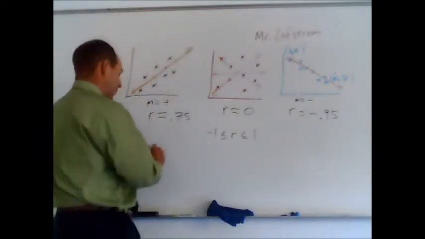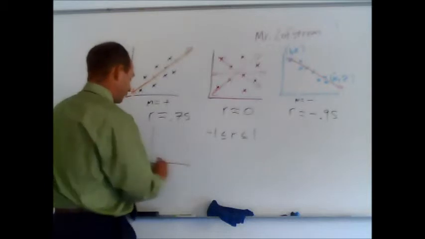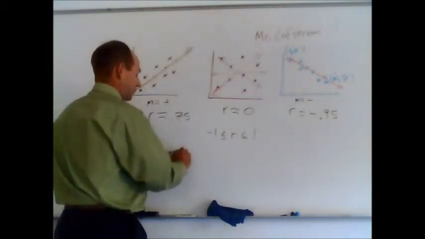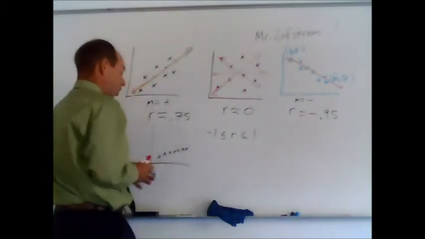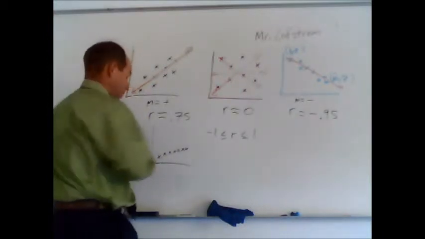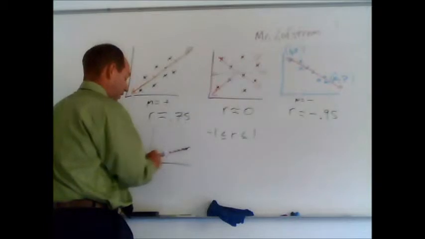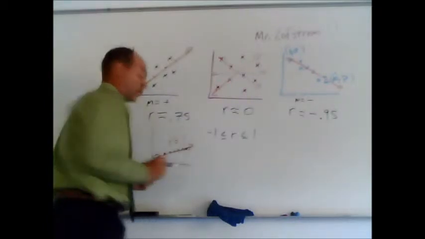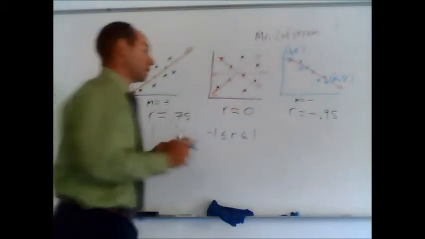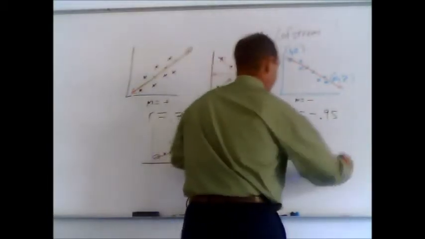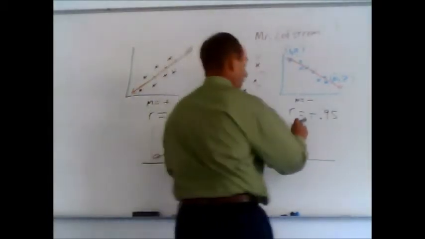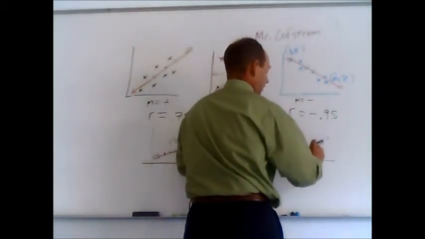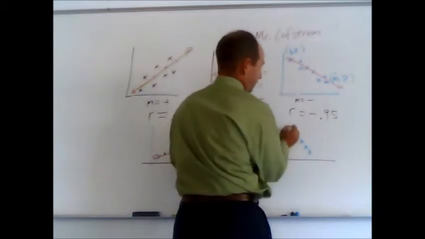So another example of that would be that if I have data that is just barely creeping up, however, all of those data points are on the same line, that would be an r value of 1. Okay? Likewise, if I have a bunch more data and all of these data points are going down, even if it's a steep line.